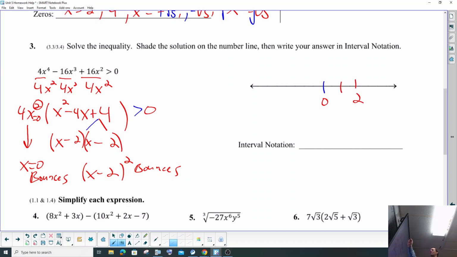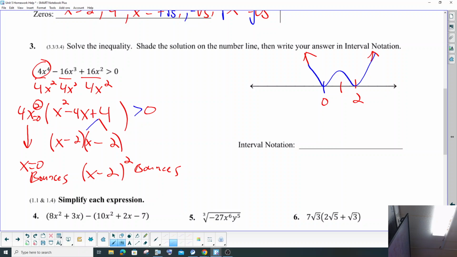Well, what's the end behavior then? Up, up, even. Don't forget how to do these. So it's going to go ahead and bounce and bounce. Yeah, Weber High Warrior, bounce, bounce. So it's going to bounce on both of them. And so we want all of them that are greater than 0. Wow.